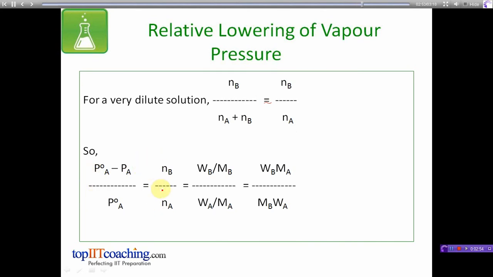We can further expand this formula since we know that the number of moles of a particular component is equal to the weight of that component divided by its molar mass. So we can write NB is equal to WB divided by MB and NA is equal to WA divided by MA. This is the final formula we get for the relative lowering of vapor pressure.